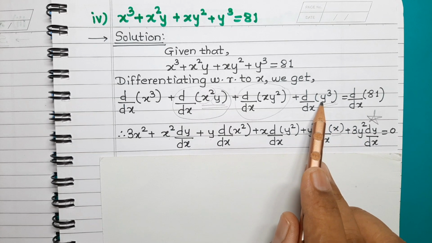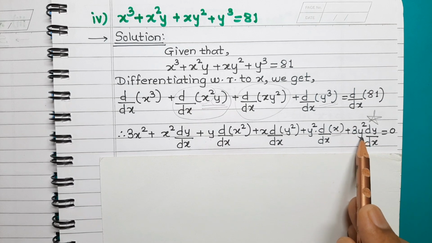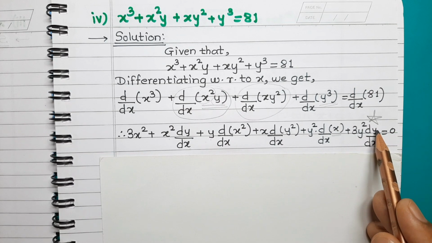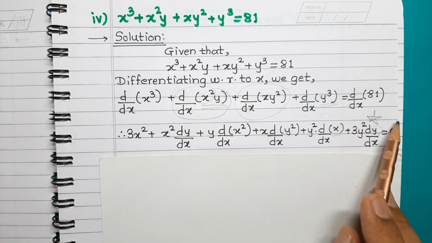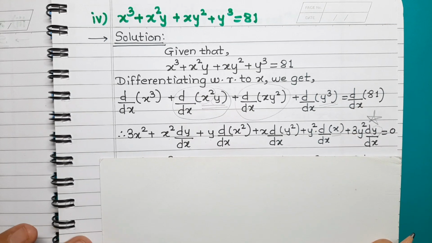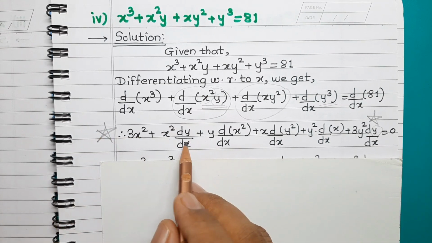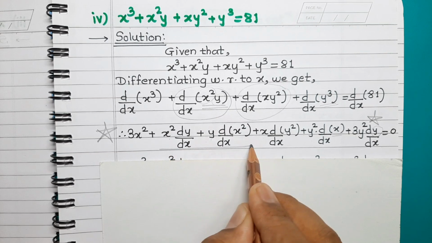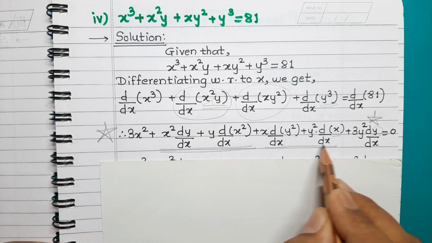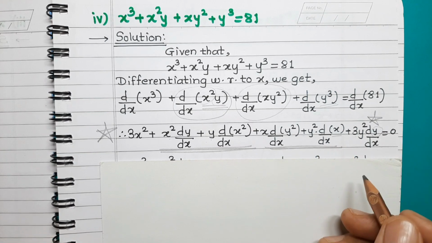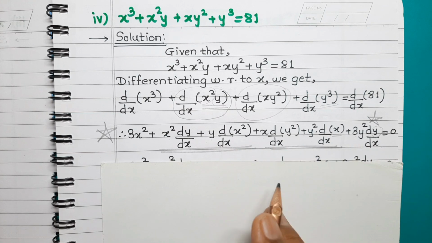We have treated it as something cube, so its derivative is 3 into something square into the derivative of that something, which is the function y, and the derivative of 81 is 0 since it is constant. So you note this step very properly. We have used the product rule to get these two terms and we have again used the product rule to get these two terms. Now let's evaluate the remaining derivatives in the next step.